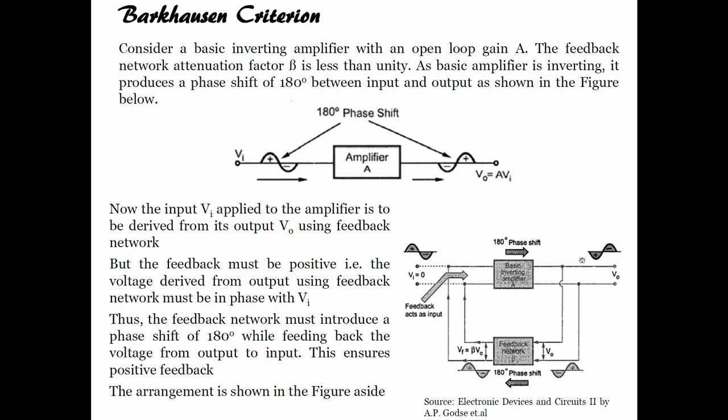So, if I want to feed this particular output voltage through the feedback network back to the input, then the feedback network should introduce another 180 degree phase shift, because you see 0, then 180, and 180 is fed here. If I want to make it 0 or 360, I will implement another 180 degree phase shift in the feedback network. So, the loop should have a 360 degree or 0 degree phase shift.